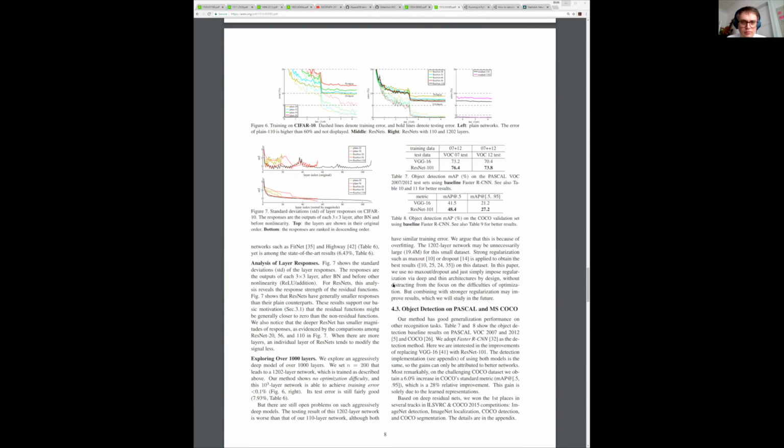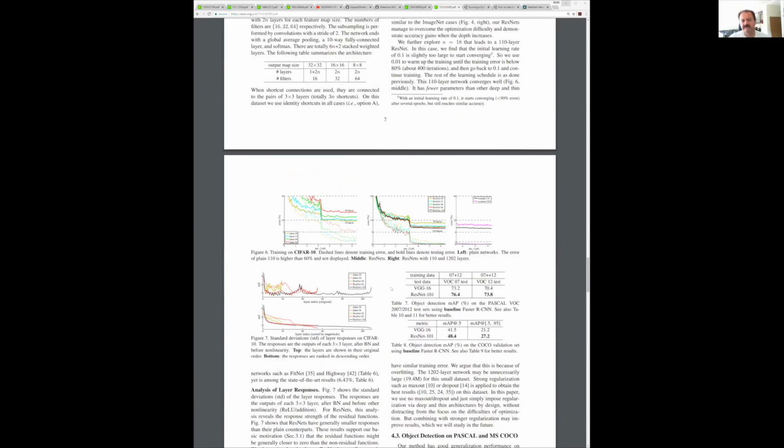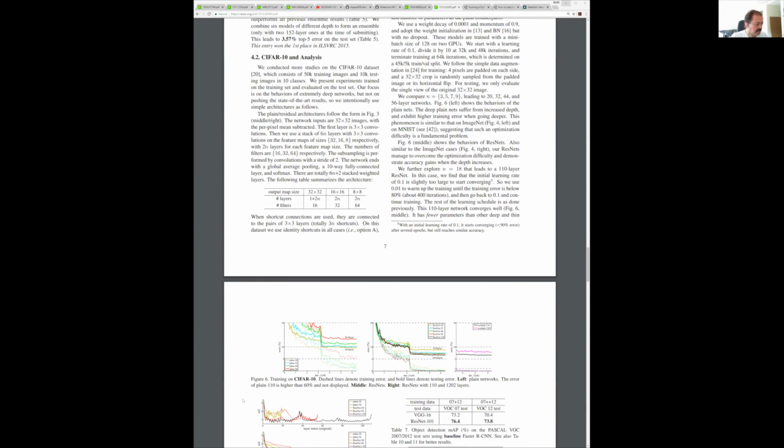I work extensively with the COCO data set, which is related to object recognition. I don't know if anyone's even looked at it, but I can show you what the COCO data set looks like. One moment, please. I have too many pages open.